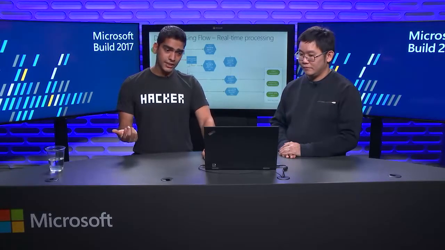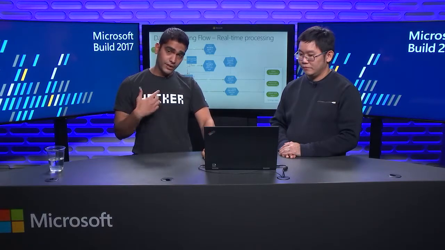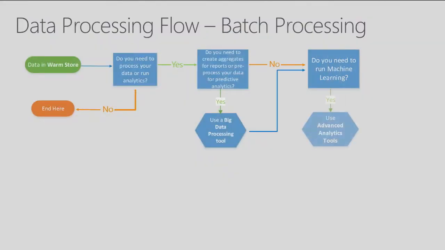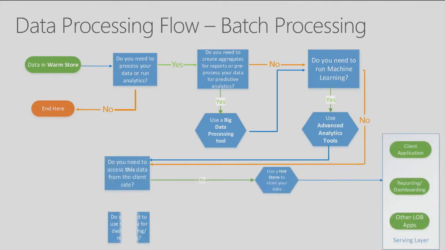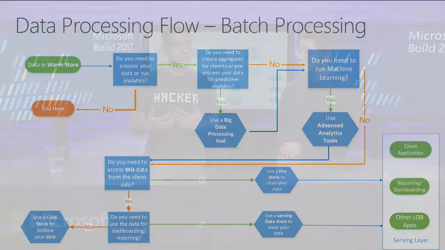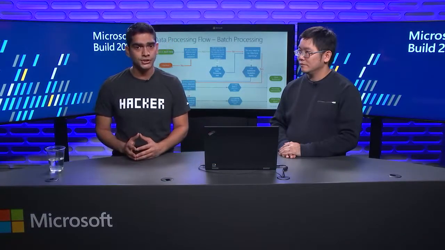Similarly, just like we talked about for real-time processing, we also have a similar kind of flowchart for our batch processing needs. And that includes questions about even advanced analytics. So if you're trying to do batch analytics and also run advanced analytics, it hints at what type of tools you should be using.